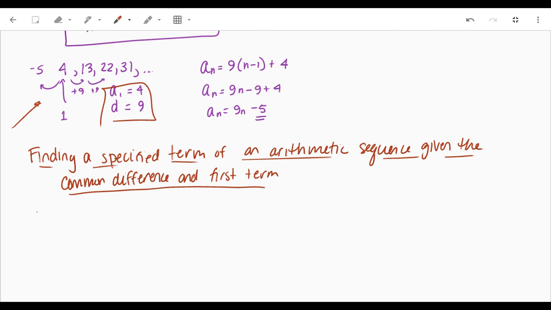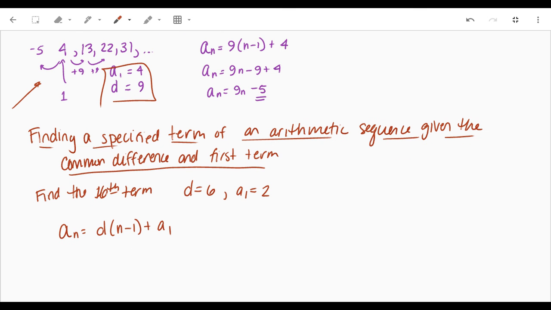Okay, so we're supposed to find the 16th term when the difference is 6 and the first term is 2. Okay, so our formula, again, is d times n minus 1 plus the first term.